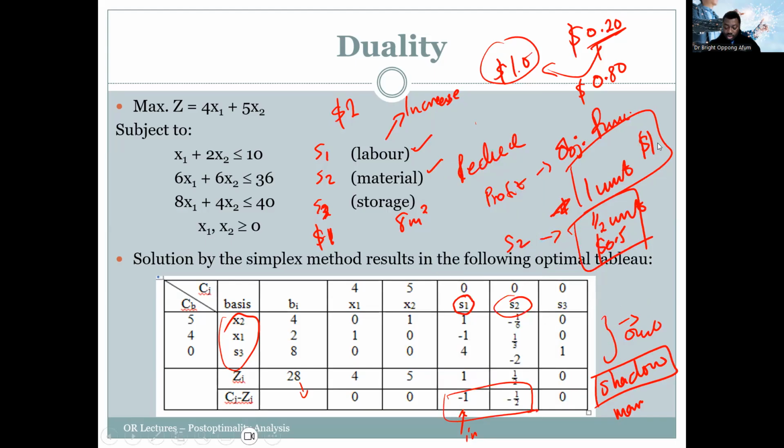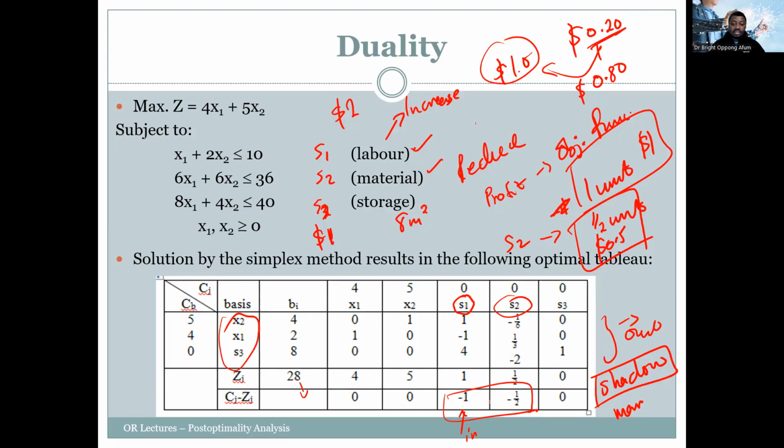So they are actually the maximum prices one is willing to pay to obtain more of the resources in order to maximize the profit, right? So the CJ minus ZJ value for S1, which is -1 for labor, and for S2, which is -0.5 for material, and that of S3, which is 0 because it's in the solution basis.